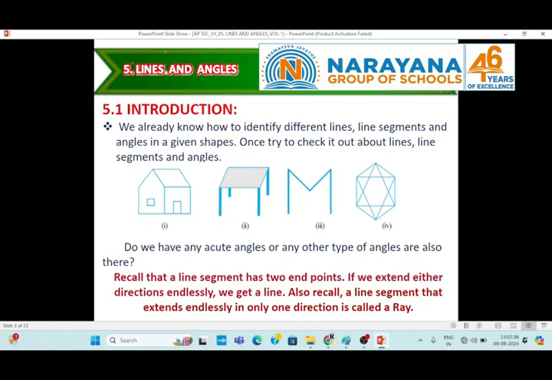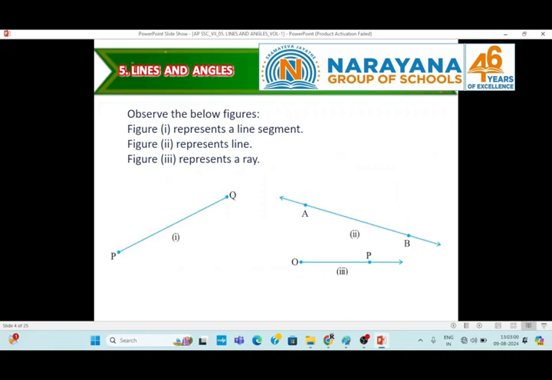Maybe line segments and angles are also there. So let us recall. A line segment has, of course, as you know very well, two endpoints. If we extend it in either direction endlessly, we get a line. Also, recall that a line segment that extends endlessly in only one direction is called a ray. So, observe the figures below.